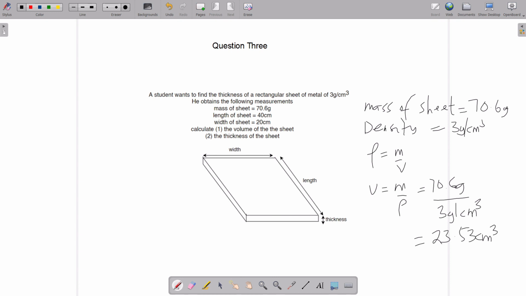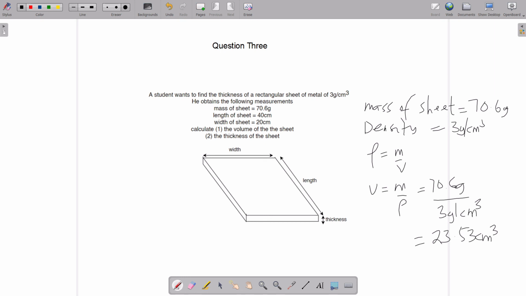Now we have our volume. The second part of the question says we should find the thickness of the sheet. It's good this diagram is here to help us picture how the sheet looks. We have the width, the length, and the thickness of the sheet. Our volume is found by multiplying the width, the length, and the thickness.